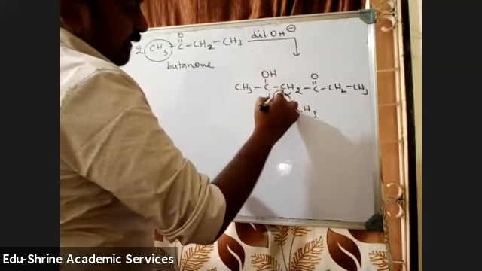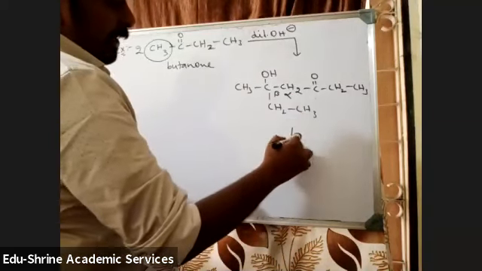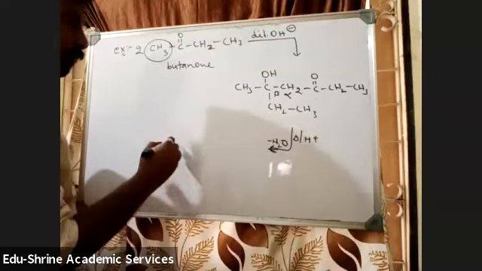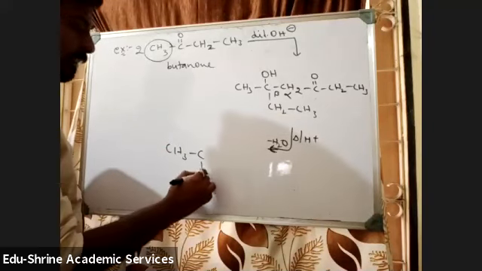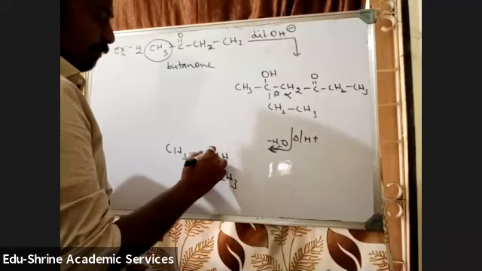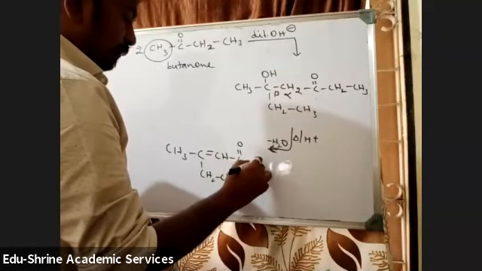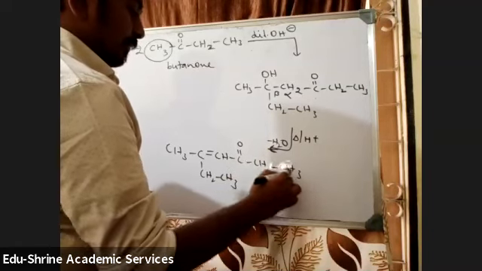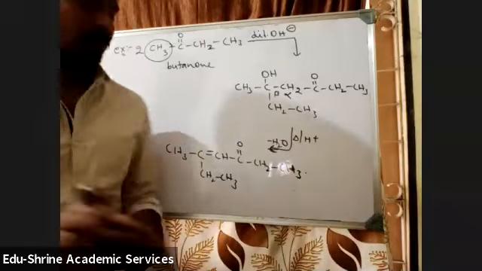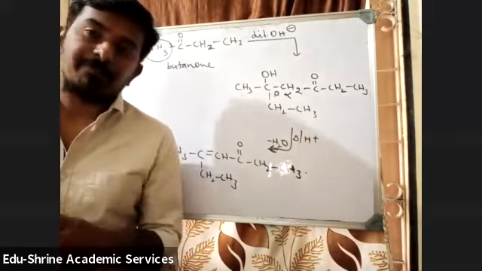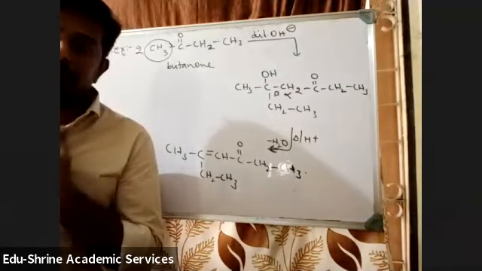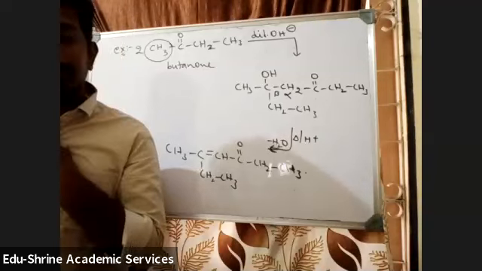So this is alpha, this is beta. When you further heat it in the presence of acidic medium, water molecule will be lost. Then what you get? CH3, C, CH2, CH3, CH double bond, C double bond O, CH2. So when unsymmetrical ketones are there, you must identify the carbon which is having more acidic strength. There the base will be attacking.